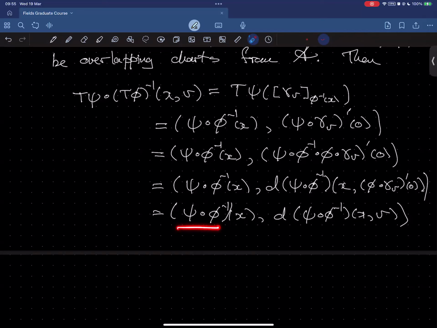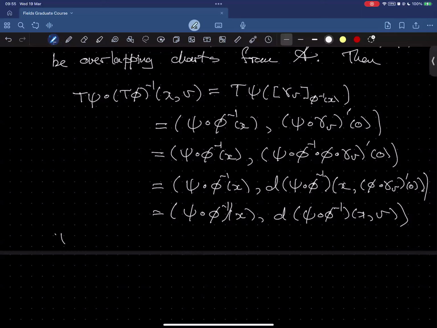Because U phi, V phi, U psi, V psi are compatible charts for M, I know that this one is of class C^r. Therefore its derivative here is of class C^(r-1). So that's why the overlap map is of class C^(r-1).